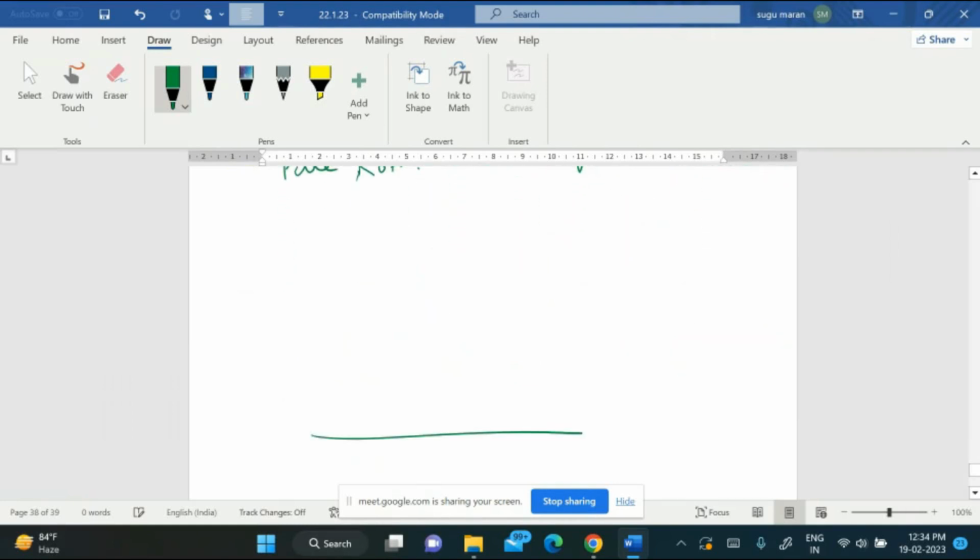Once again, two electronic states: this is your ground state, this is your excited state. And most of the molecules, you know that, are in this V0 state. Sorry, please, I'll correct it.